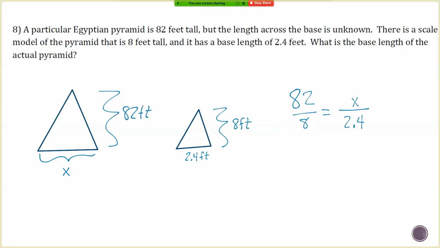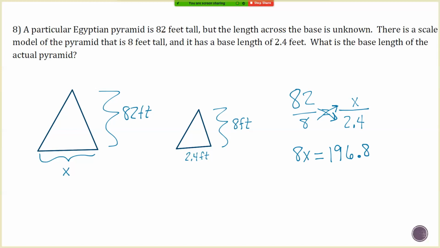So 82 is the height of the big triangle. So for my other fraction on the right side, I have to put the height. So it's 8x, and then it's 82 divided by... Multiply. Yep, you're going to multiply your proportions. So you're going to take 82 times 2.4. The tricky thing is there's more than one way you can set up this same problem and still solve it correctly.